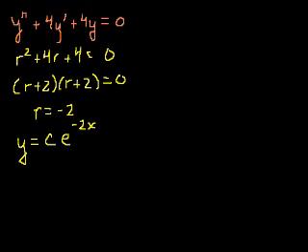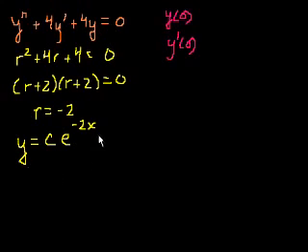And if someone wanted a particular solution, they would have to give you two initial conditions. The two initial conditions we've been using so far are what y of 0 equals and what y prime of 0 equals. They could give you what y of 5 equals. Who knows? But in general, when you have a second order differential equation, they have to give you two initial conditions.